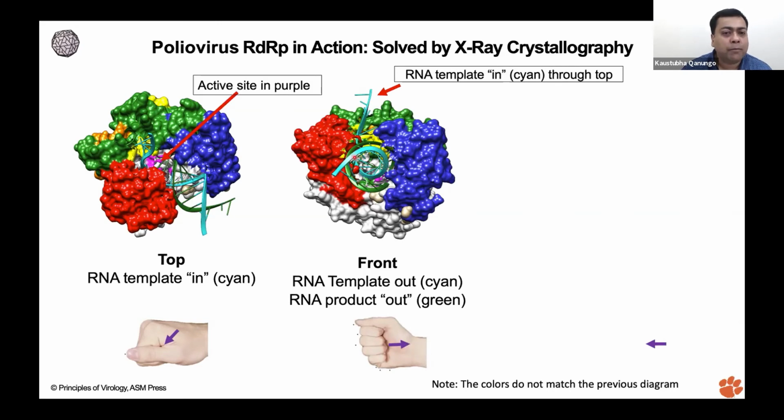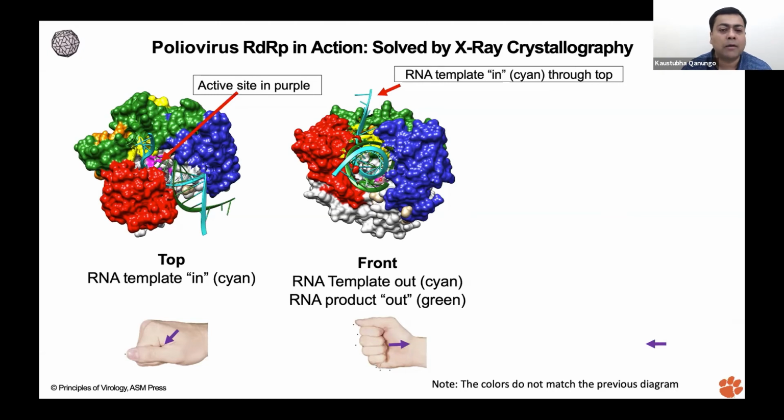And in that process, the product is made in the active site, and the product also leaves from the front. So you can easily see that this is the top through which the template came in. Right here, with a little bit of imagination, think about that there is some pore right here. And through this region, the template that is being used and the product will come out.